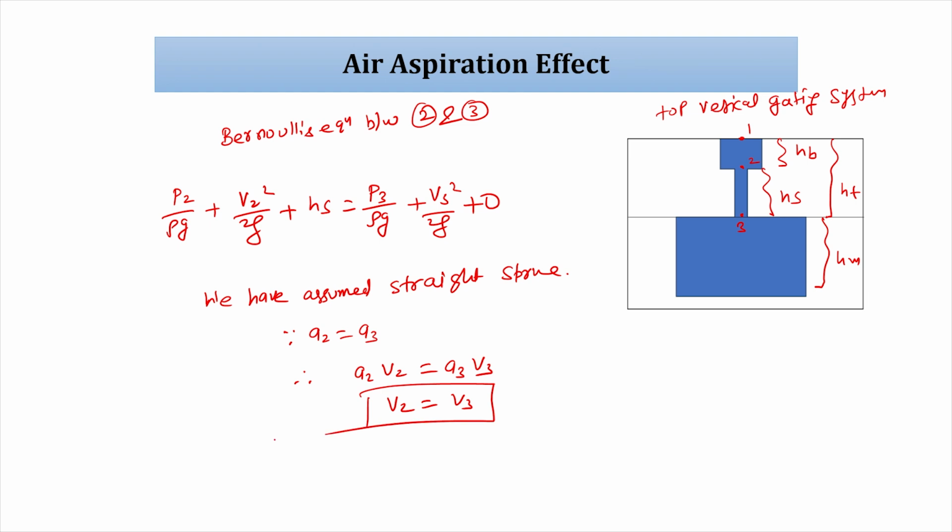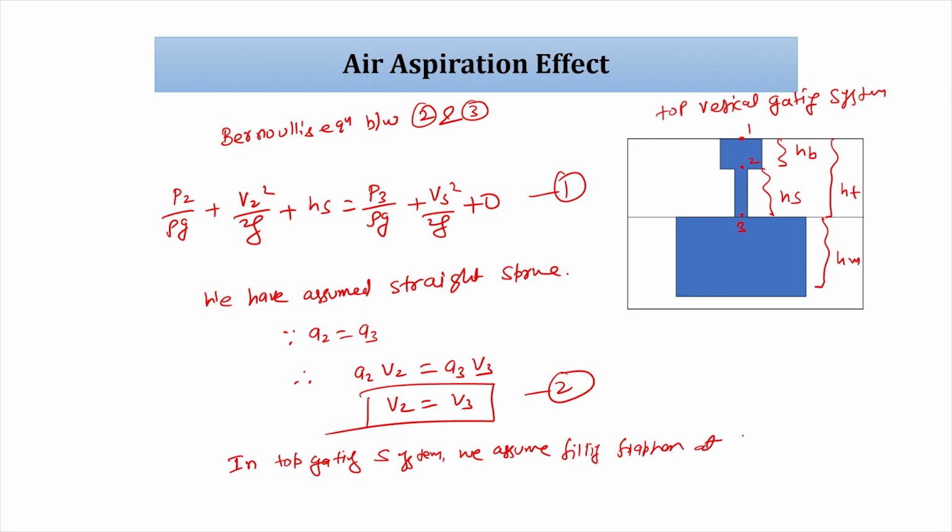We can write, this is 1 and this is 2, and we assume that in the top gating system, filling happens at atmospheric pressure. So P3 equal to P ATM, so P gauge is equal to 0.